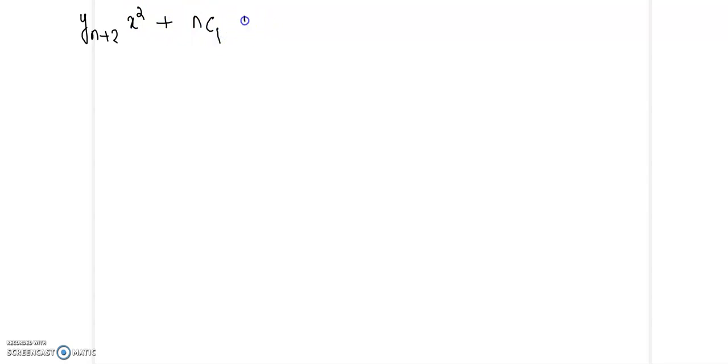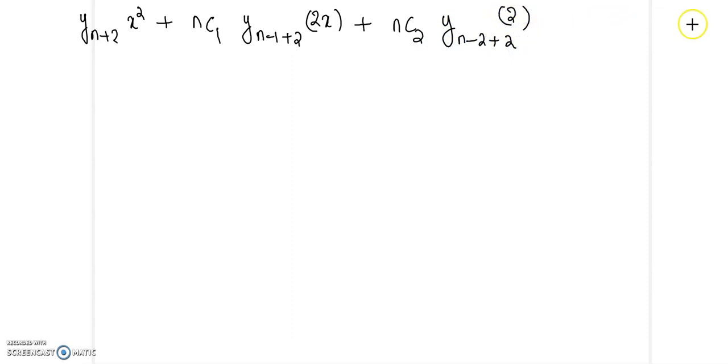nc1. Then we need to differentiate y n minus 1 times. അപ്പോൾ n minus 1 plus 2 വരും into 2x plus nc2 y n minus 2 plus 2 into 2. From the next term it will be 0. So that will be the derivative of the first term.